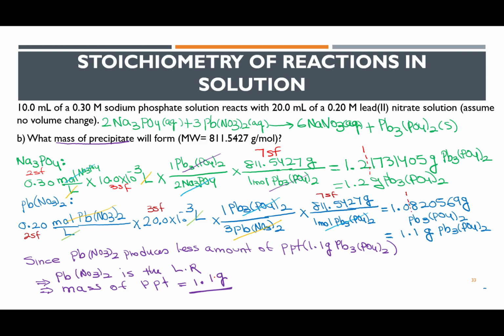Okay. Now, this is the mass of precipitant. That's the question that we were asked to calculate. We were asked to calculate the mass of precipitant from the given numbers, which were the concentration and the volume of each of the reactants.